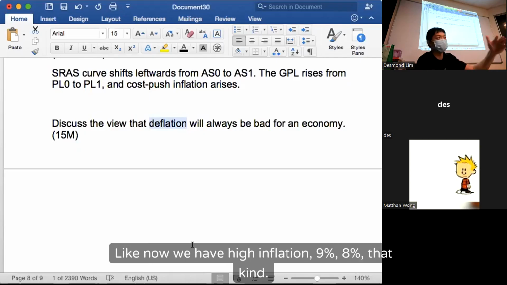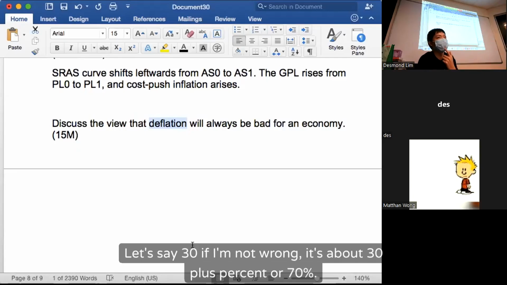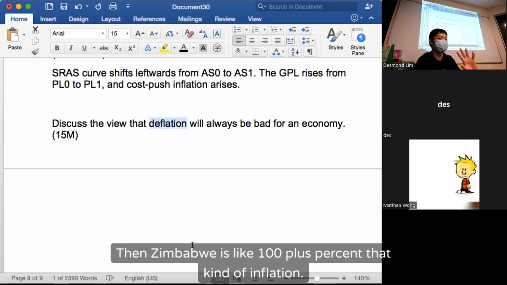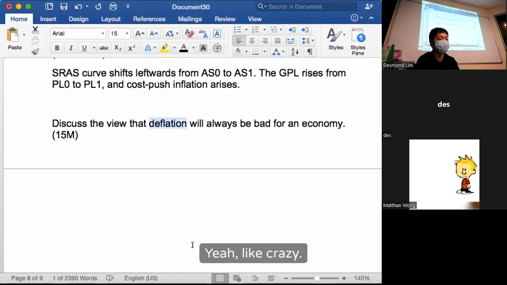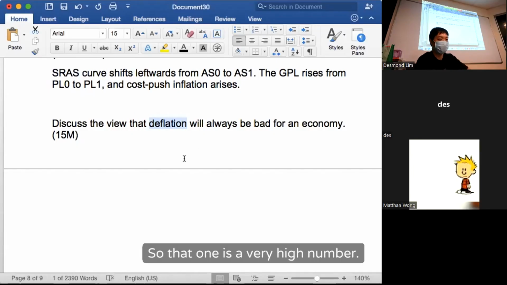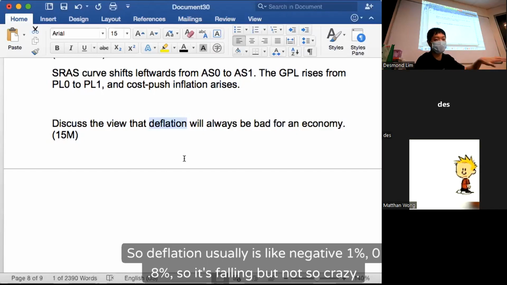Now we have high inflation, like 9%, 8%. Some countries are about 30+% or 70%, and Zimbabwe is like 100+%. That one is a very high number. So deflation usually is like -1%, 0 point something percent. So it's falling, but not so crazy.